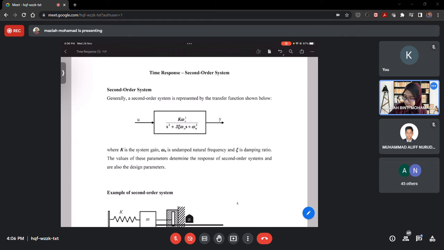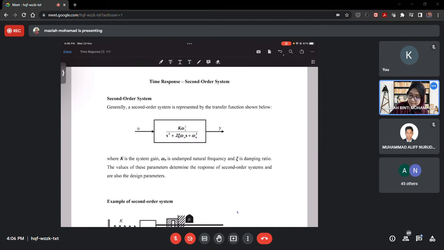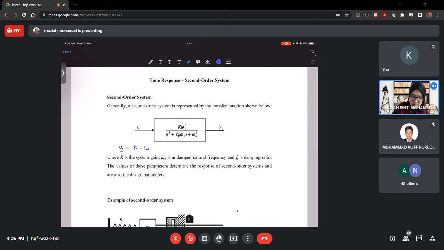Meaning the relationship is still y equal to k multiplied with u, where y here is y steady state or y final. That is for the steady state region.